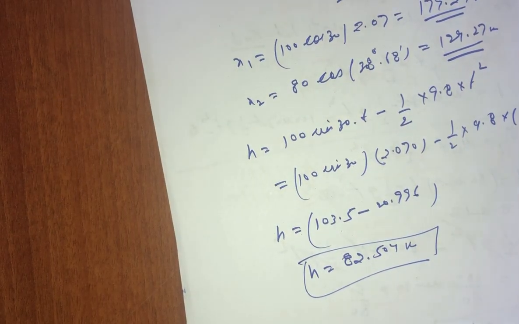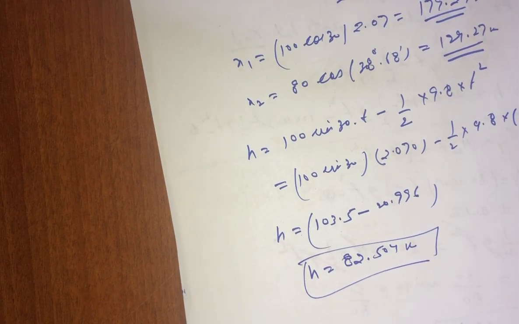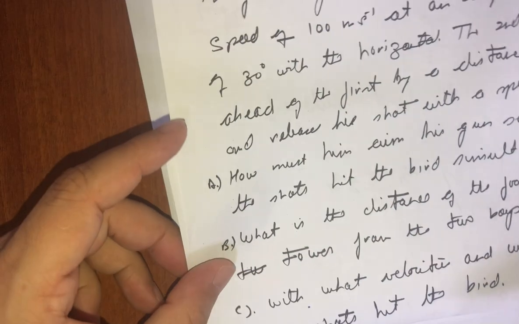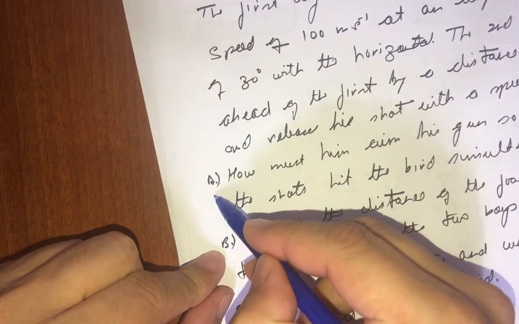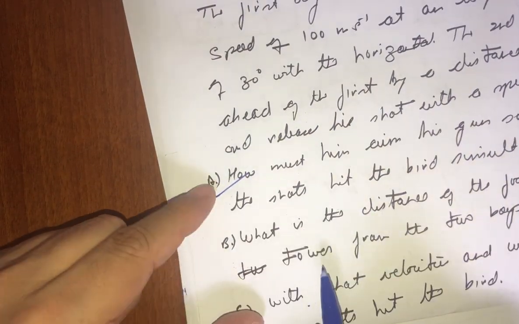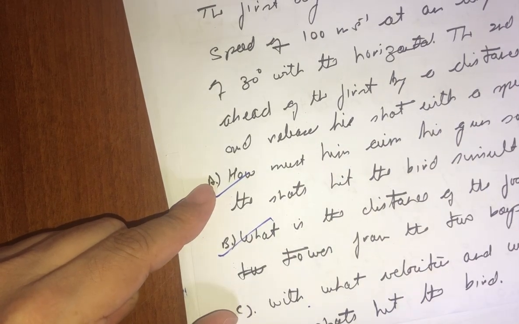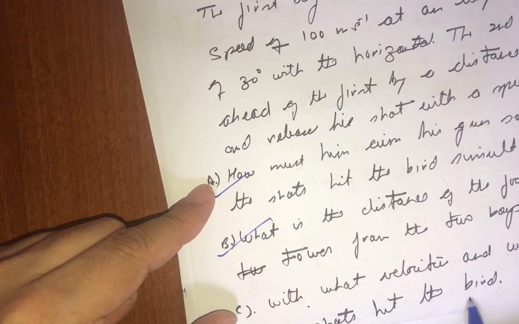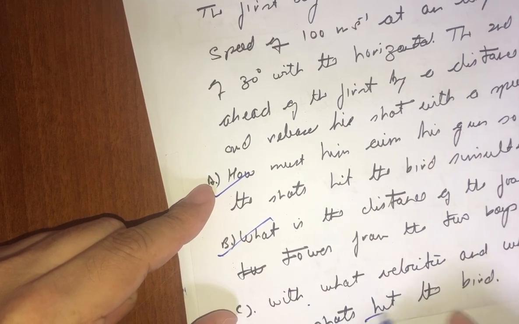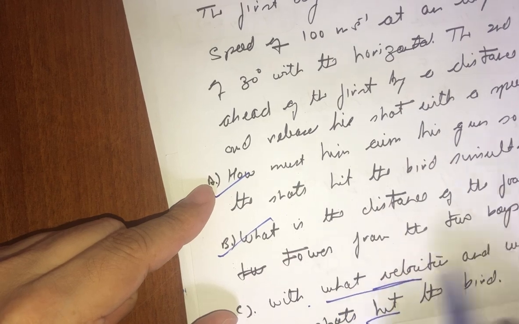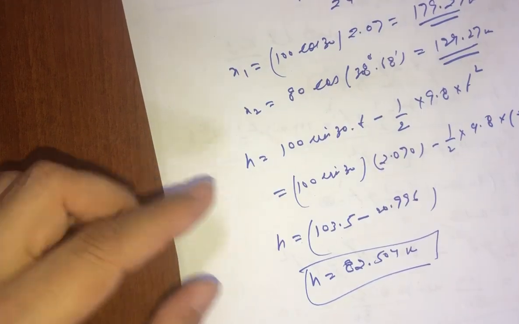In this case, for the second case, we were supposed to find out theta. We already found it. What is the distance? We already found out this one. And with what velocities and when do the two shots hit the bird? So we already found out this time, and we need to find out what will be the velocities.